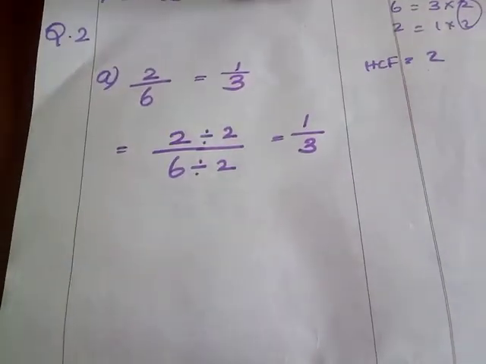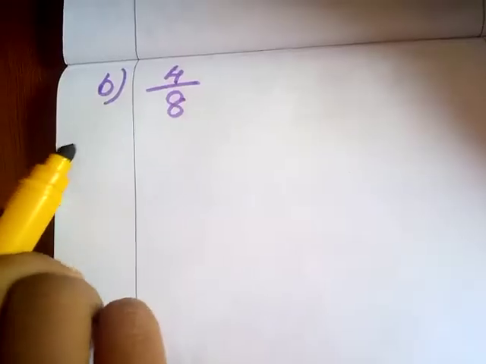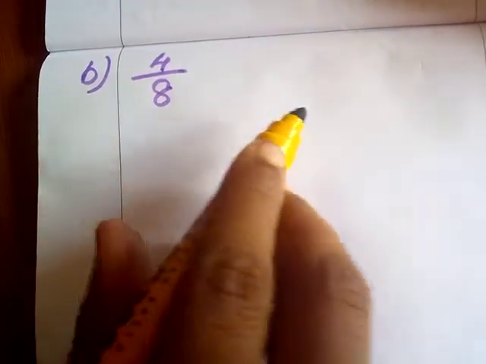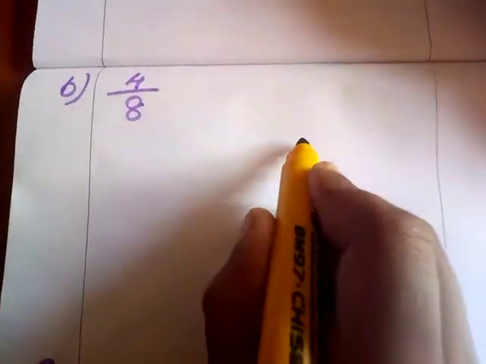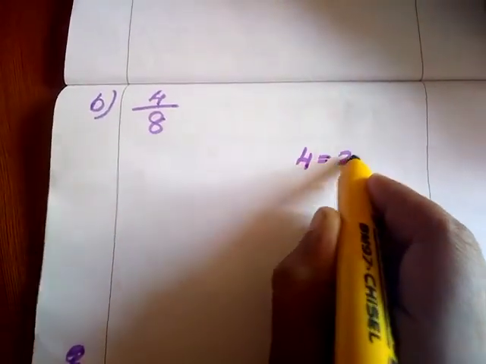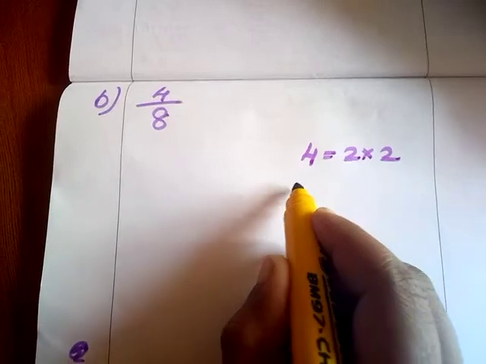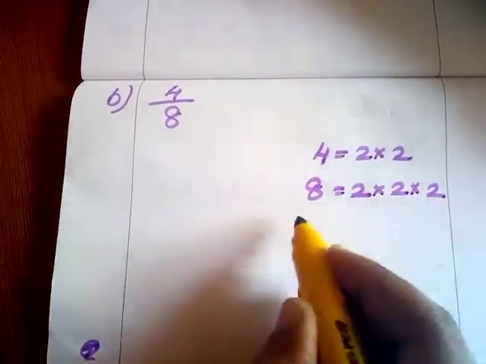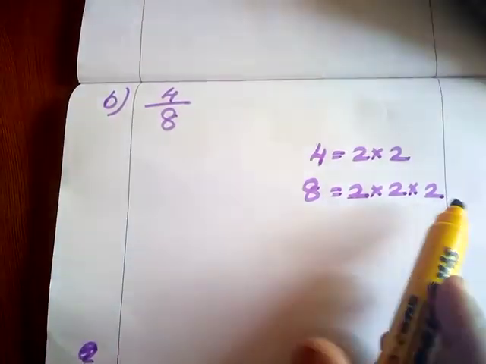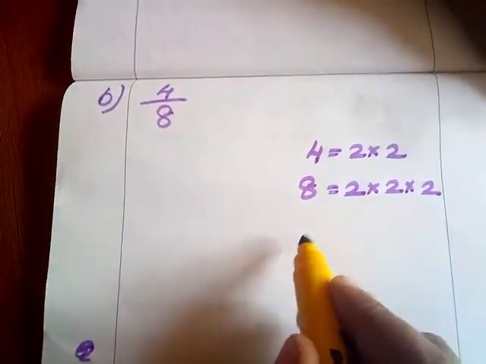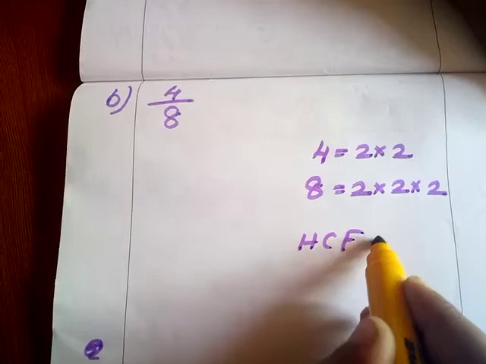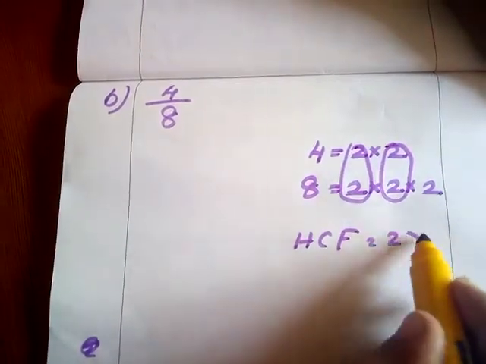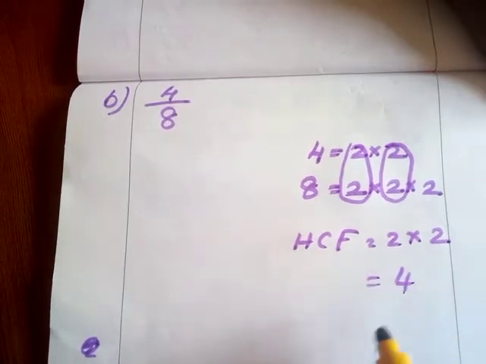Now let us see the next question. Here the next question is 4 by 8. When you write 4 as a product of prime numbers, it is 2 into 2, and 8 can be expressed as 2 into 2 into 2. This is how we express it as the product of prime numbers. From this, when we find the HCF, we have 2 into 2, so HCF is equal to 4.